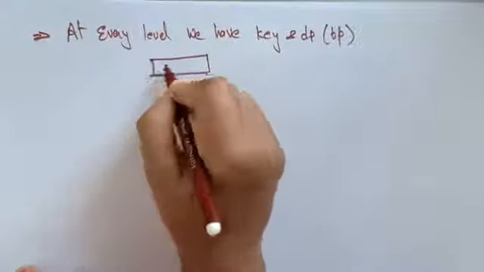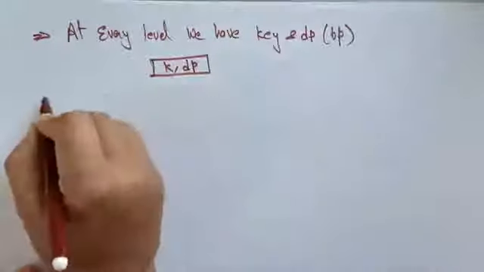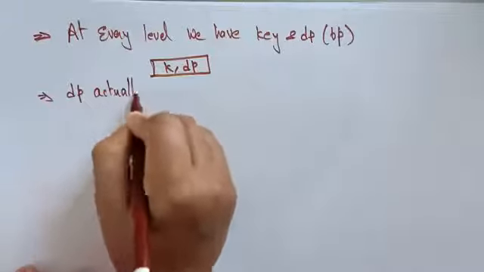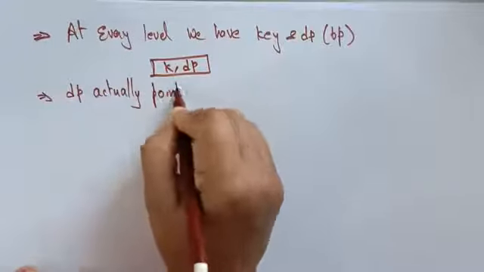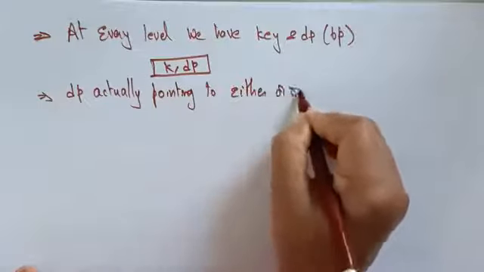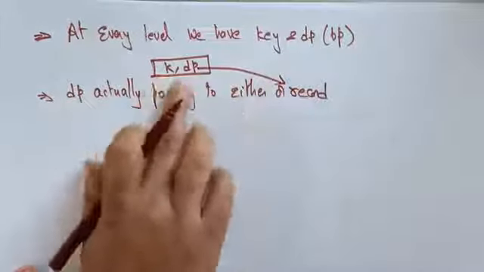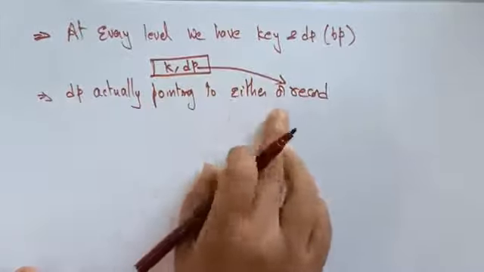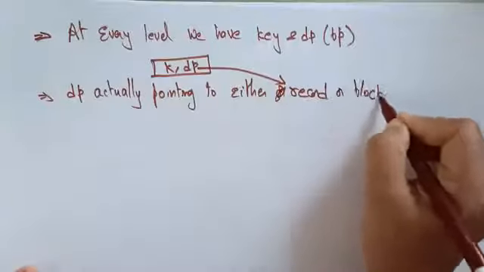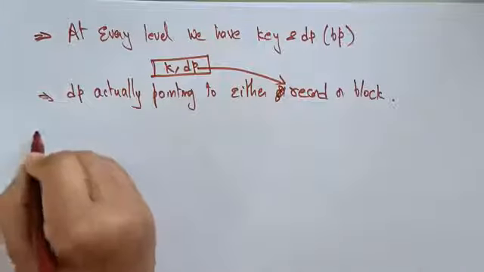So at every level a key will be there and the data pointer or block pointer will be there. The data pointer can be pointing to either a record or a block.